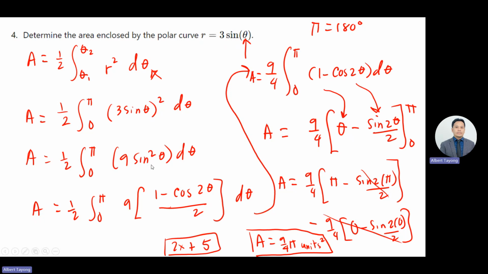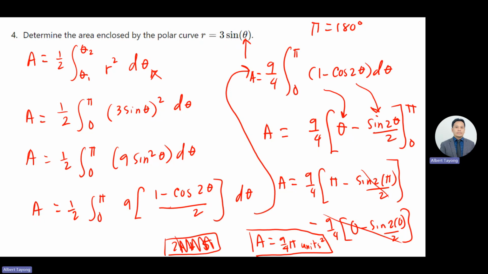That becomes 9 sine squared theta d theta. So 1/2 of the integral from 0 to pi. 9 is outside because it is a numerical coefficient. And the value of sine squared theta is 1 minus cosine 2 theta over 2 d theta.